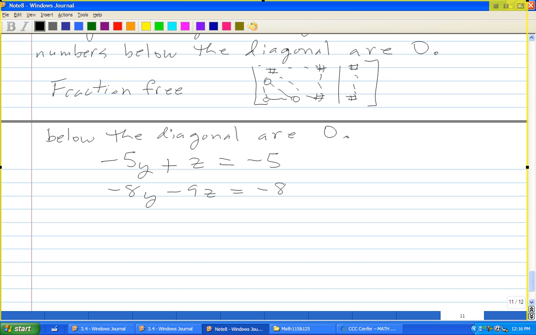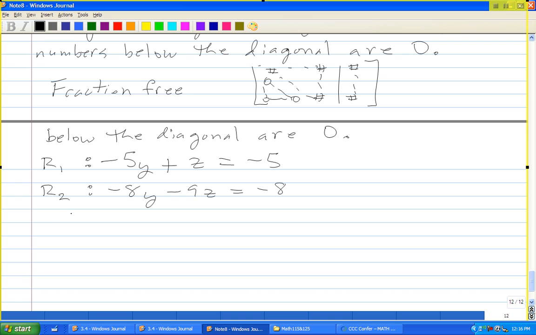Okay, good. So suppose I had these, call them R1 and R2. And suppose I want to eliminate y.